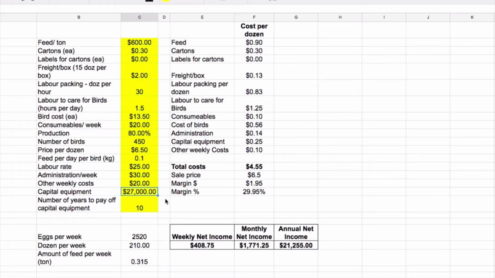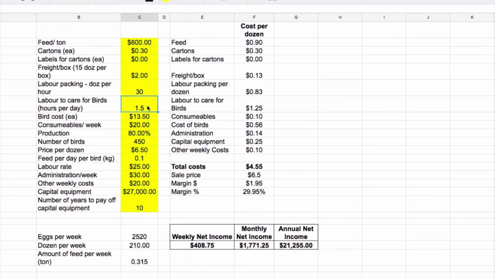Now, there's a few things that you can tweak or you can re-look at to go, hey, how can we be more profitable? So one of the things, as I said before, I was quite conservative with this figure at 1.5 hours a day to care for just 450 hens. So let's just look at the weekly thing, $408. That's probably more like an hour.